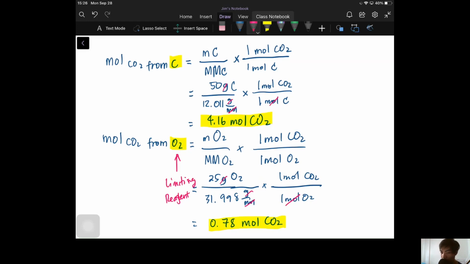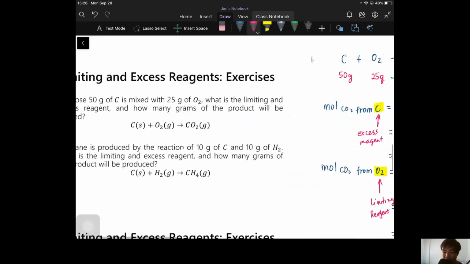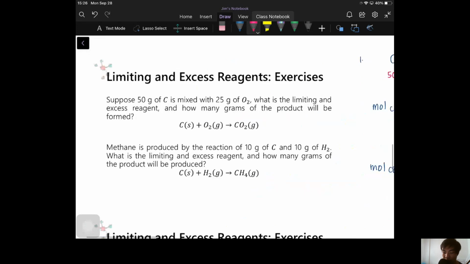Anything beyond that, hindi pwede na. Ubus na yung oxygen natin. Unless mag-refill ka, pero hindi yun yung case sa problem. So O2 is our limiting reagent and carbon would be our excess reagent. So ganun lang yung pag-solve. We just identified sino yung limiting, sino yung excess.